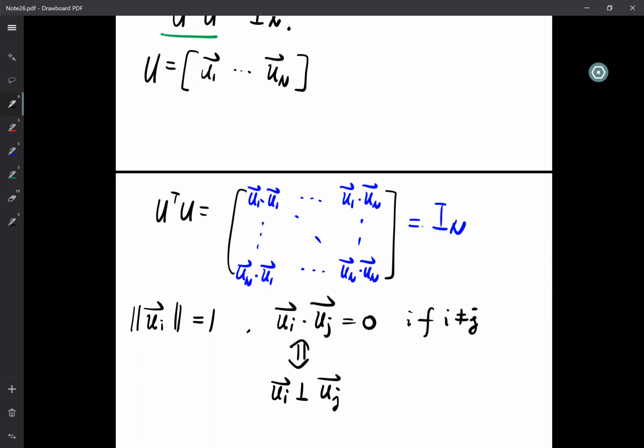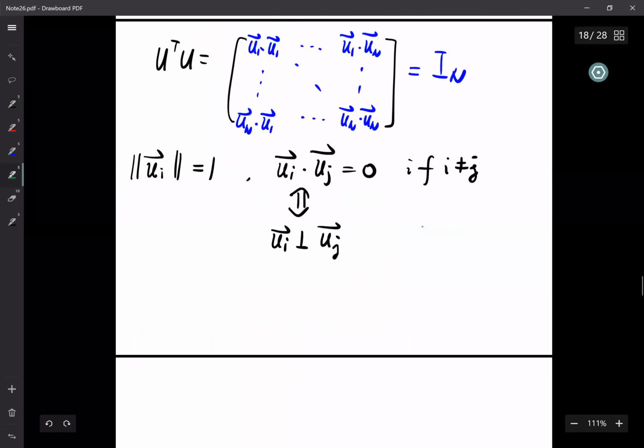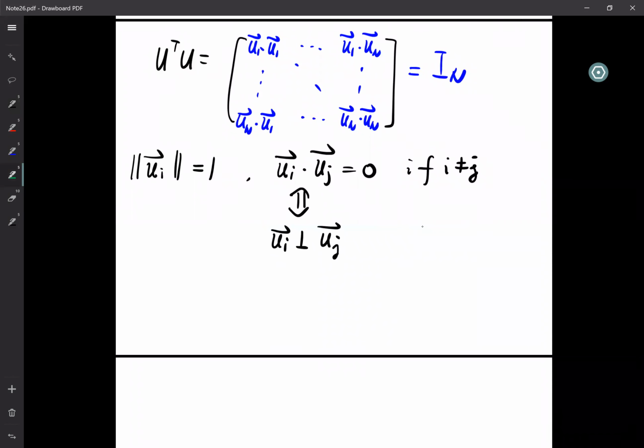So now you see why I call it confusing terminology, because if I were just saying that this is a diagonal matrix, then it's an orthogonal matrix without any problem. But turns out that this is not only an orthogonal basis of Rn, but it's actually orthonormal. There's also a normalization condition here.